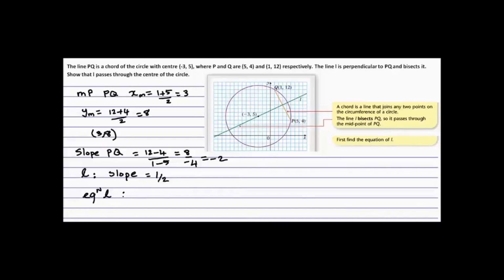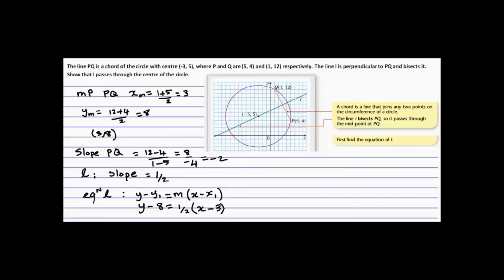the equation will be y minus y1 equals m x minus x1. It's our old friend, very useful. So y minus y1, which is 8, equals m, which is a half, x minus x1, which is 3.